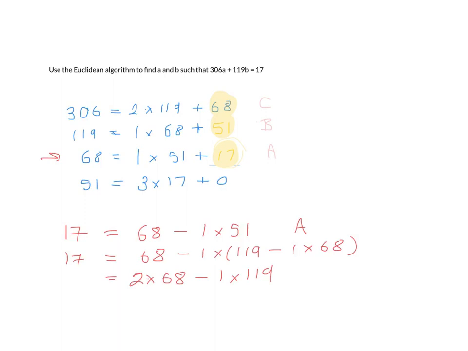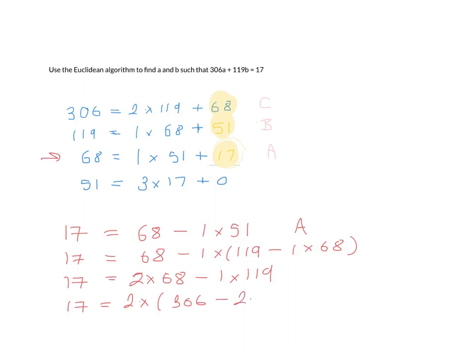Now we're ready to sub in the next value, which was actually line C, where we're going to replace our 68. So this is still equal to 17 here. So I've got 17 equals 2 lots of, now I've got to replace my 68 with 306. Sorry, that's terrible writing.